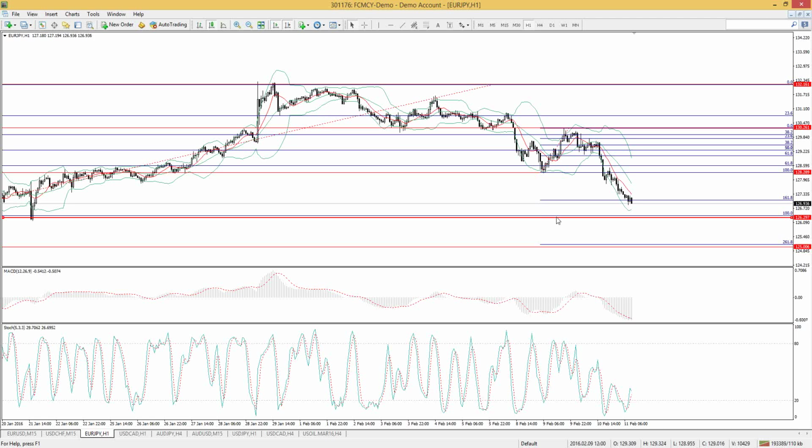Yes, and actually you never know, because if the euro gets weaker, it could go even lower. It's not only on the Bank of Japan side. What I have noticed recently is that the Eurozone has some more issues at the moment, because yesterday I saw the Greek bond yield going up.